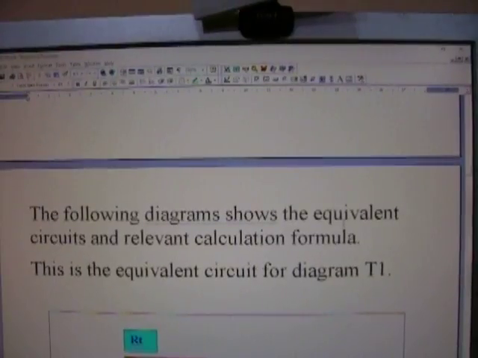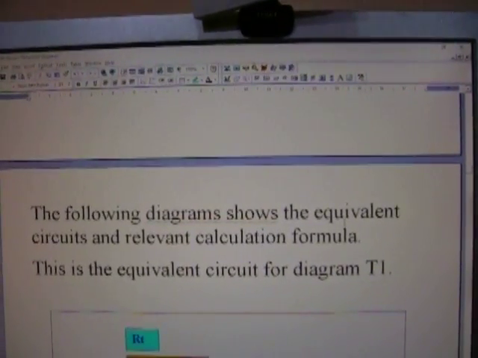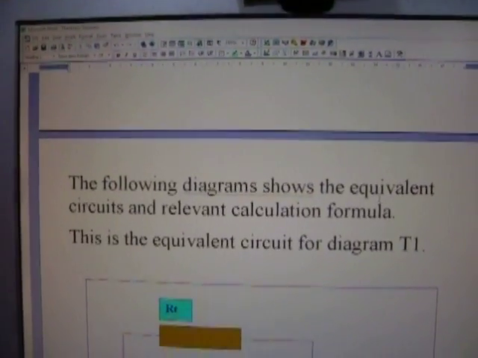The following diagram shows the equivalent circuits and relevant calculation formula. This is the equivalent circuit for diagram T1.